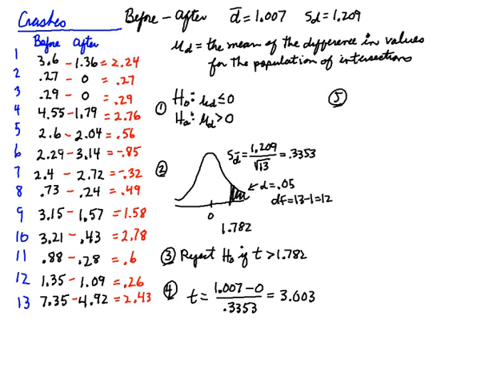Conclusion is to reject h sub 0 since my test statistic value is greater than my critical value, and I conclude that there is statistical support for the camera being effective. The camera helps.